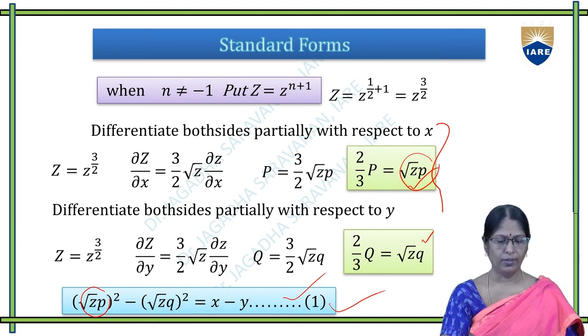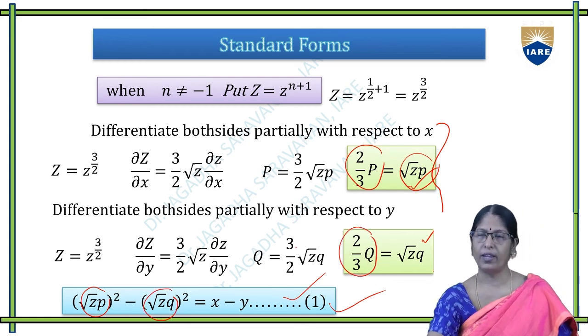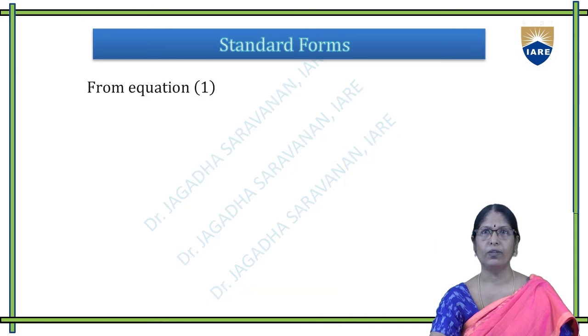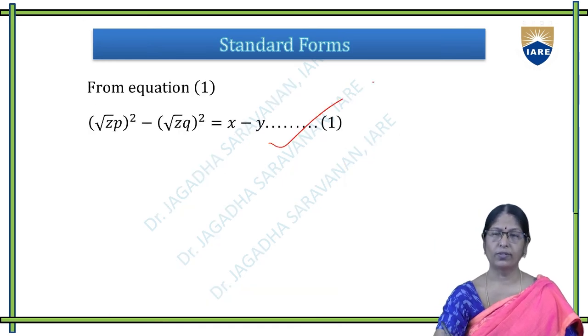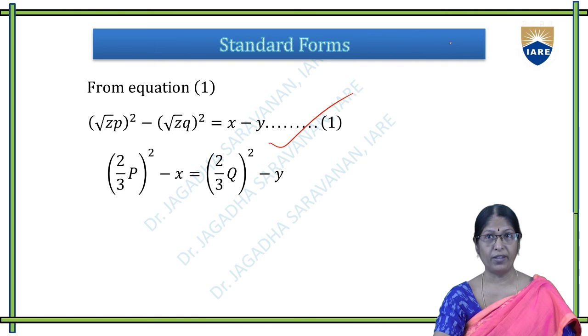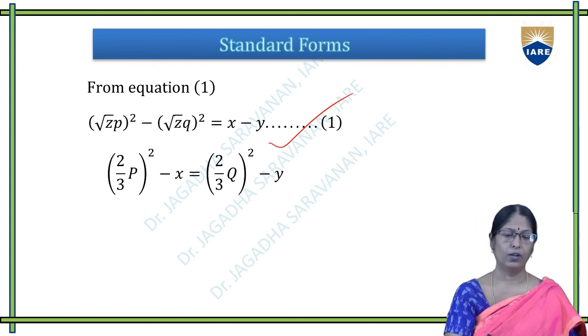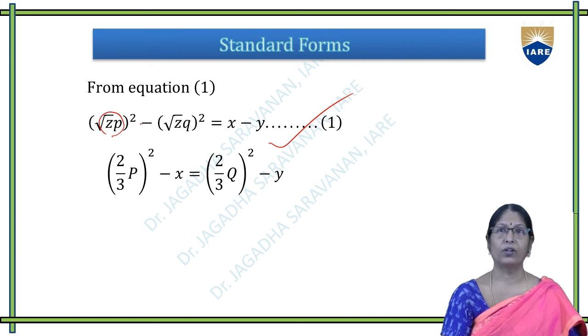So now we will replace this one, what I am circling, and this to be replaced by 2 by 3 capital Q. So this is the equation. After replacing, we have 2 by 3 capital P the whole square.